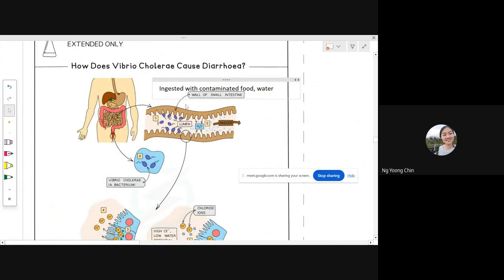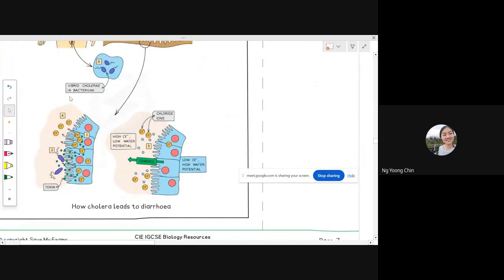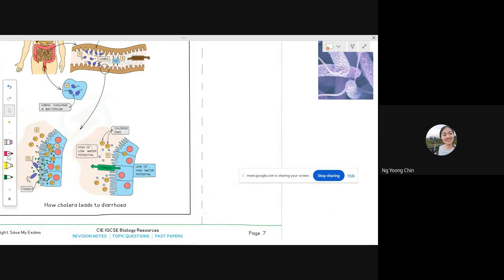This is how Vibrio cholerae will attack your intestine villi. Okay, we can have a look at this picture. Maybe I can draw it better. You can imagine that this is your intestine villi along your small intestine, very long villi.